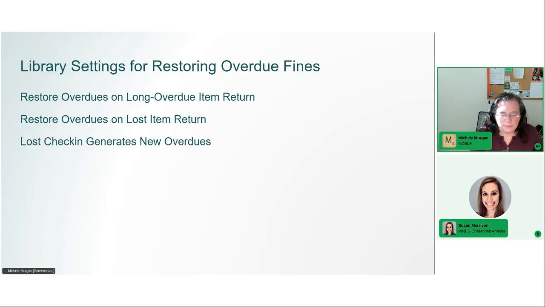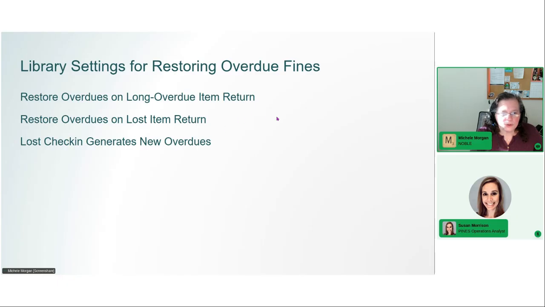But if that transaction had overdues, those might have been removed when the item was billed. Since the patron actually had the item all this time, you may want to restore those overdues. So essentially, it's just an overdue check-in. This eliminates the problem where the item goes to loss, the overdues are reversed, the lost item is returned, and then the patron owes nothing.